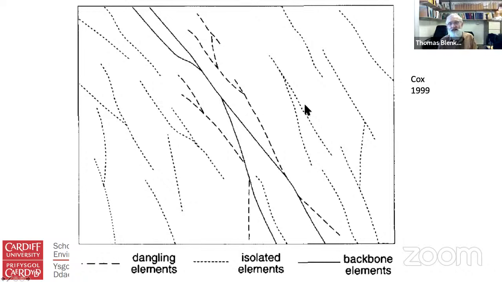You can see that there are a number of elements which are completely disconnected. These would have I nodes at either end. And you can see there's an interesting third category of elements in this network which do terminate in I nodes, but are connected to the through-going fracture network. Now, these are sometimes called dangling elements in percolation terms.